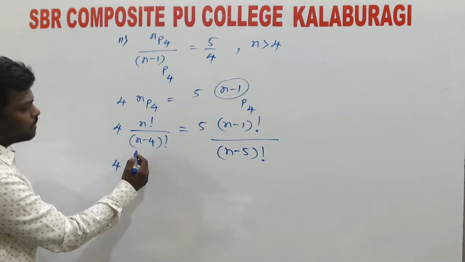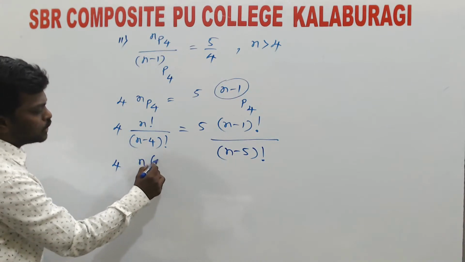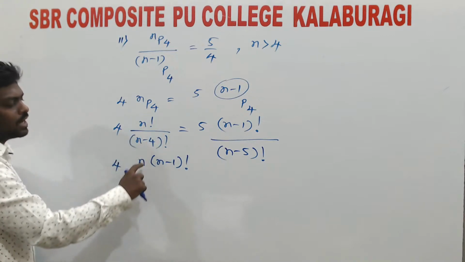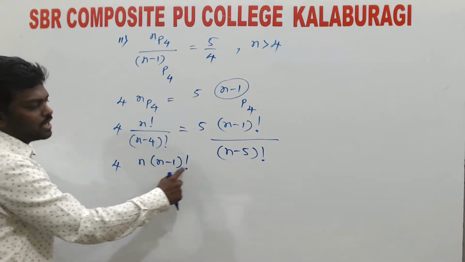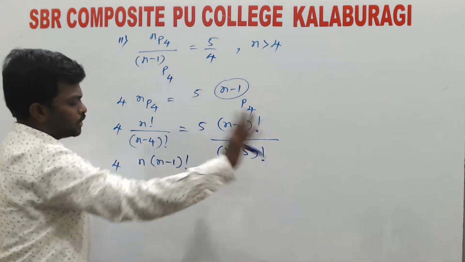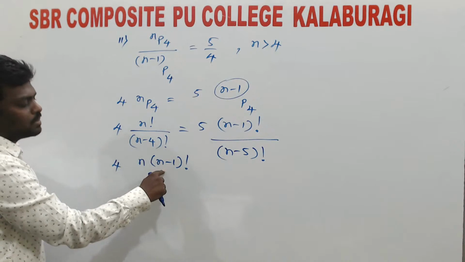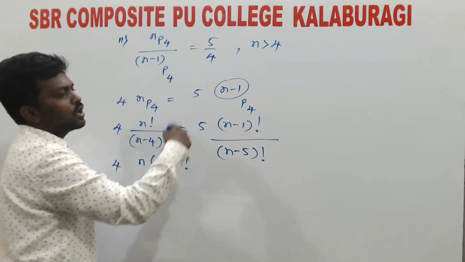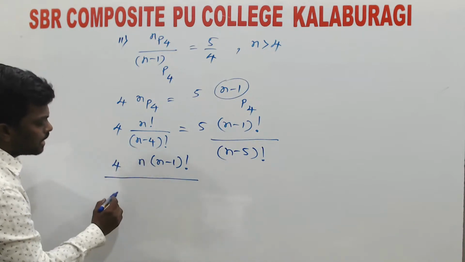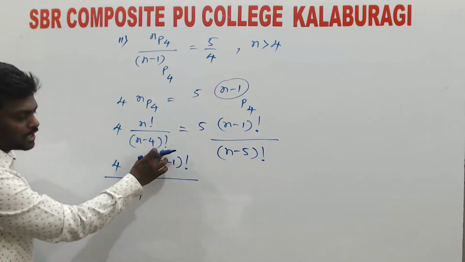So n into (n minus 1) factorial. Can I write n factorial as n into n minus 1, n minus 2, n minus 3, n minus 4, and so on up to 3 into 2 into 1? But I'll stop here itself at (n minus 1) factorial, because on the right hand side I have (n minus 1) factorial also, and here (n minus 4) factorial.